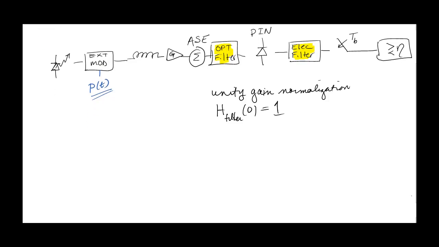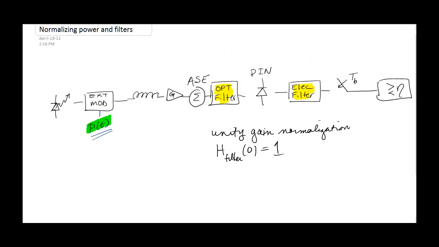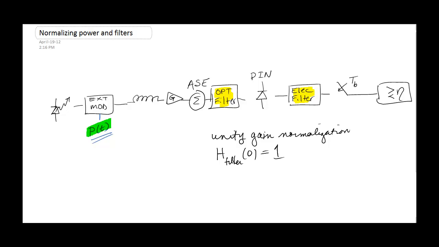The next normalization that we're interested in is what to do with our pulse shape. In order to understand what's going on here, let's think about the model that we have for our PIN. For our PIN, we're modeling it as a square law device, so the signal is squared, and then afterwards there's noise added, either shot noise or both shot noise and thermal noise. And we're also saying that the current is equal to RD, the responsivity, times the optical power.